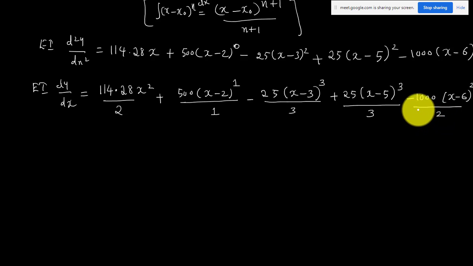Plus the constant of integration, the first constant. So now I got the equation for dy by dx, which is the slope of the beam.